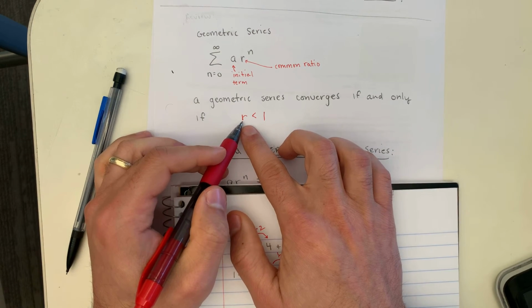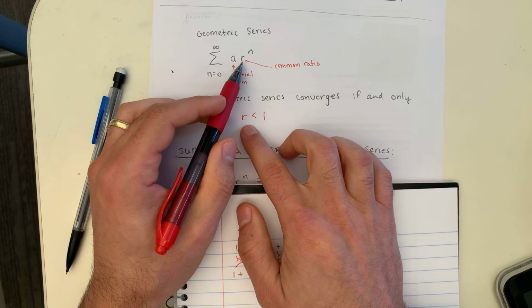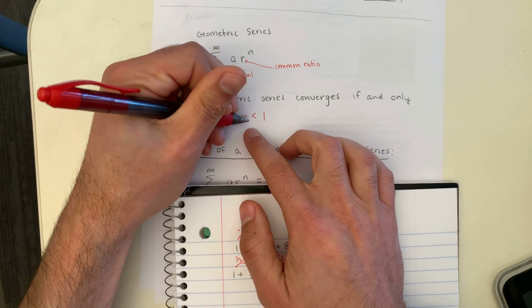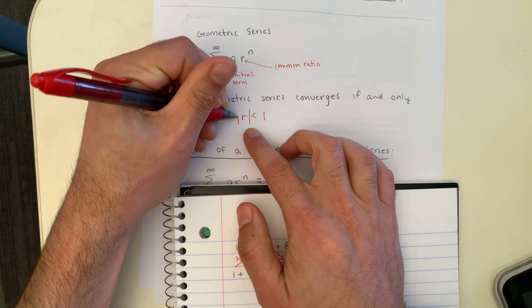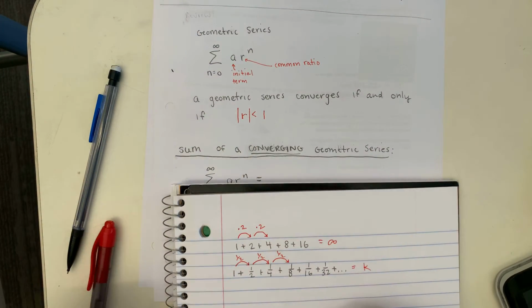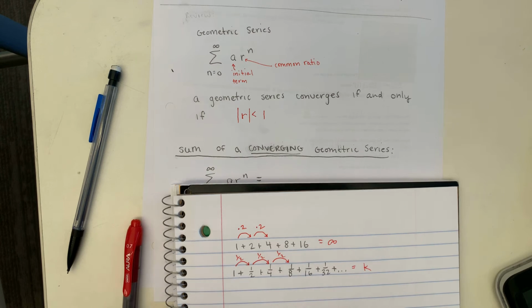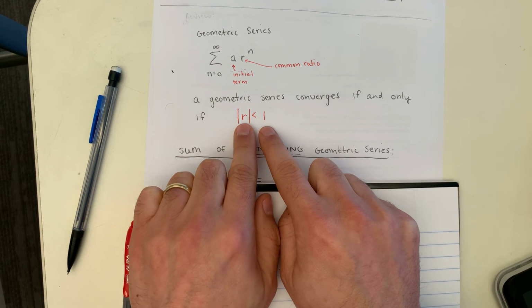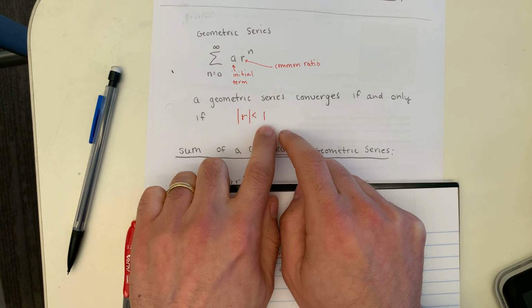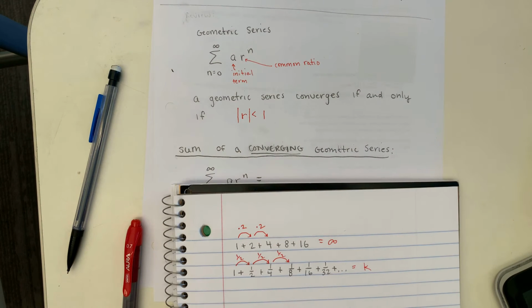You can actually have an R value that's negative. So I need to actually put here an absolute value on this. Sometimes you might be multiplying by -1/2. And that's okay, as long as your value, whether it's positive or negative, is smaller than 1.